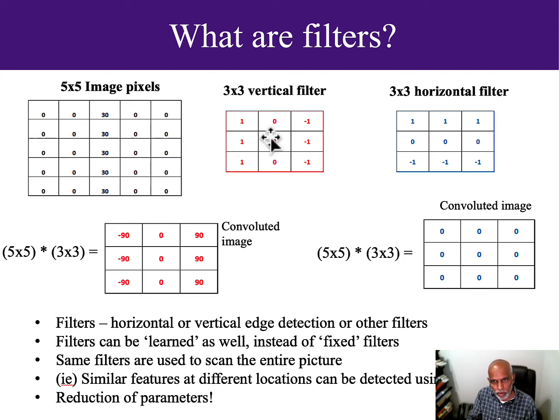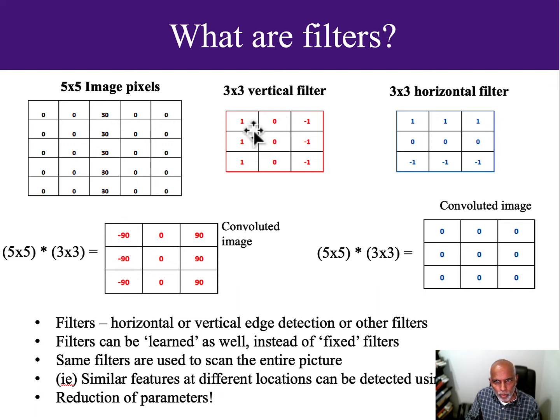As you move here, you can see this is going to capture these particular perpendicular values. If I apply this vertical filter, it will give an output something like this, right?